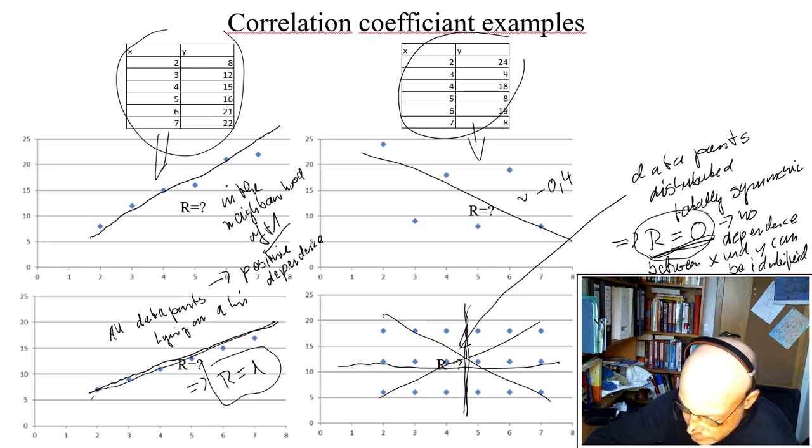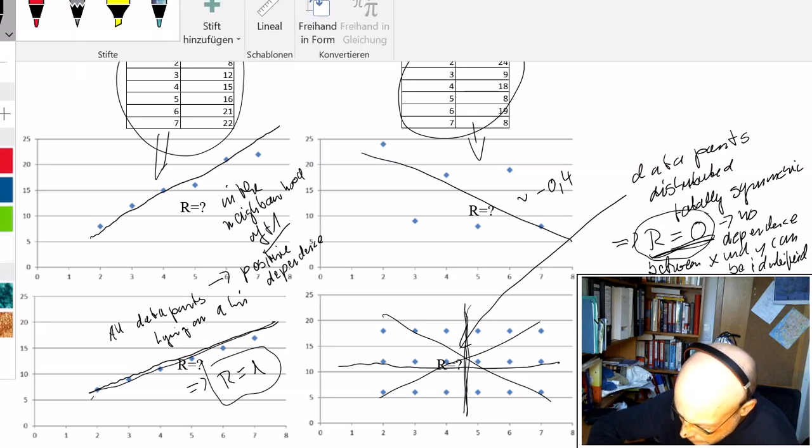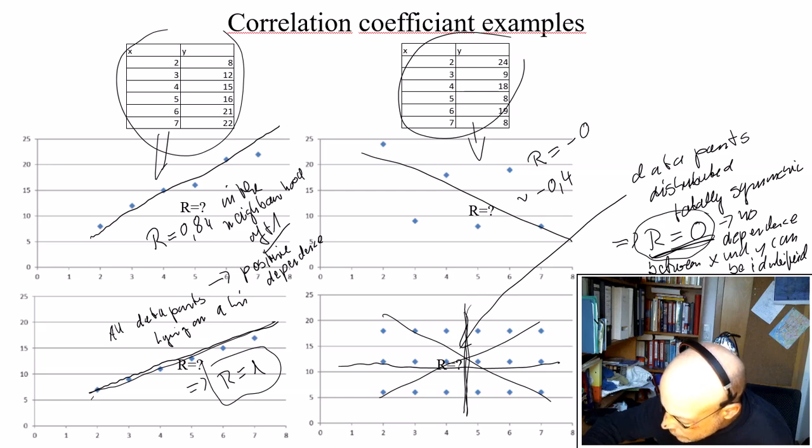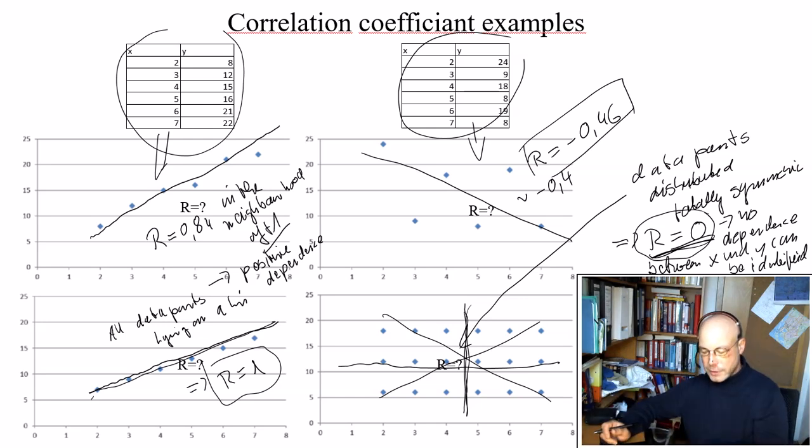So this was done. R squared is 0.84, and in this case we had R equals minus 0.46.